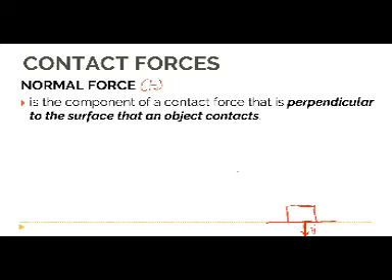Okay, so sir, how can we identify the value of normal force? There are two instances where we can identify the value of the normal force.